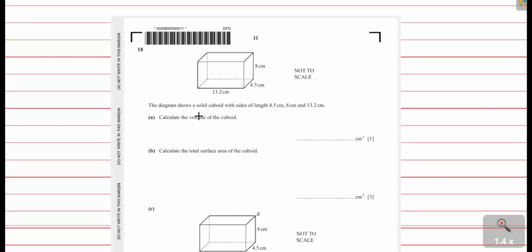Question 18. The diagram shows a solid cuboid having side lengths 4.5, 8, and 13.2 centimeters. Calculate the volume of the cuboid. The volume of a cuboid formula is length multiplied by width multiplied by height. Look here, length is 13.2, width is 4.5, height is 8.